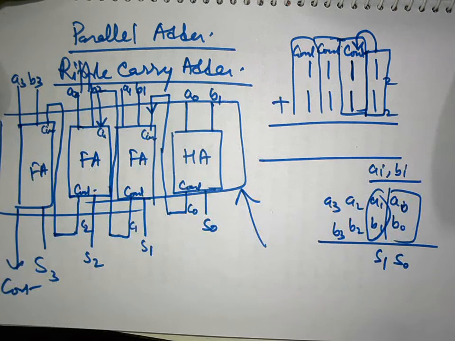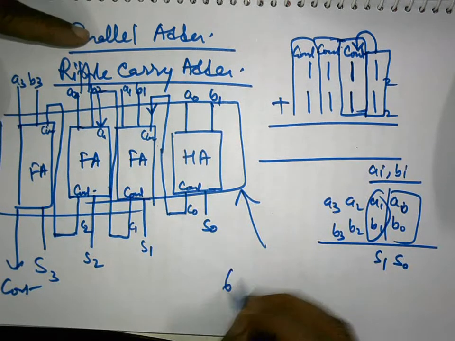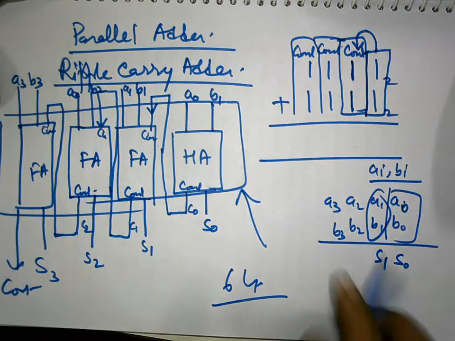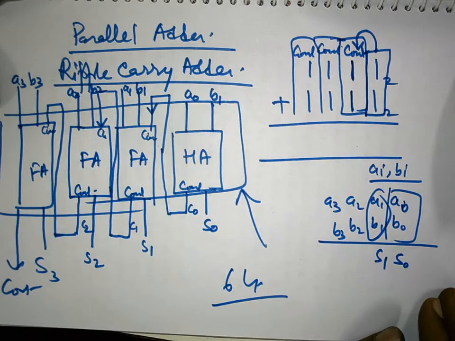Why? Because suppose you have to make a 64-bit adder using these blocks. I am making only a 4-bit adder.